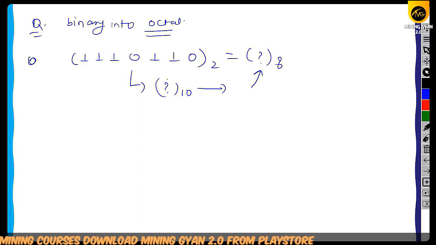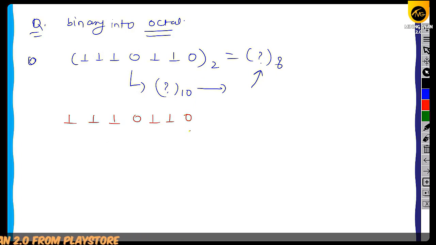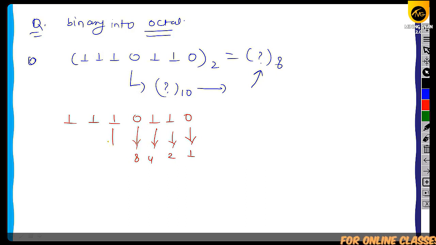The first stage will be converting this into decimal form. So always remember the weights of the binary system. For 1110110, the base weights will be first 1, second 2, third 4, fourth 8, which will be 0, then 16, 32 and 64.